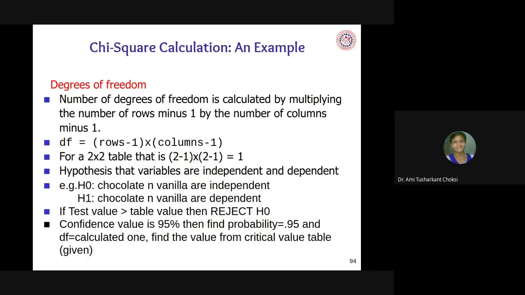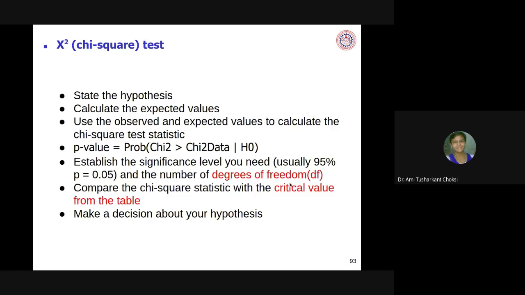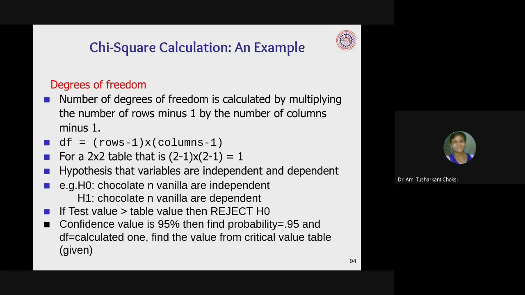We have considered the terms degree of freedom and critical value, and now we are learning how to find them. So the degree of freedom is rows minus 1 multiplied by columns minus 1.